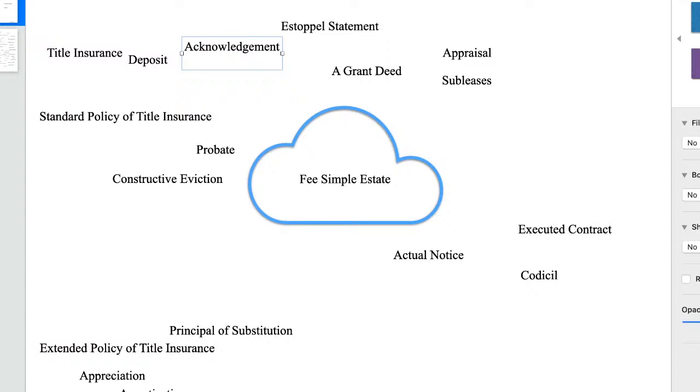No, it's not absolute ownership. There's always limitations. Like what? What are those limitations? I see somebody wrote Pete. Good. You got the government powers. What does Pete stand for?